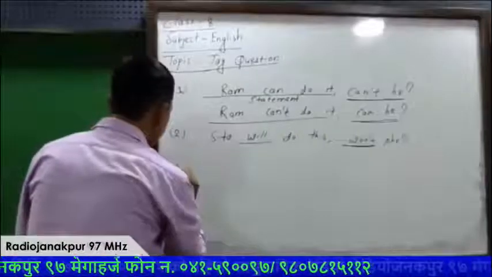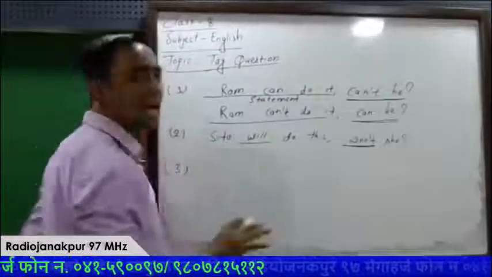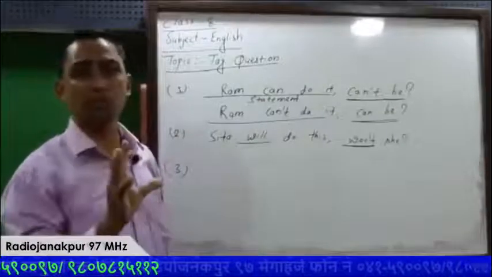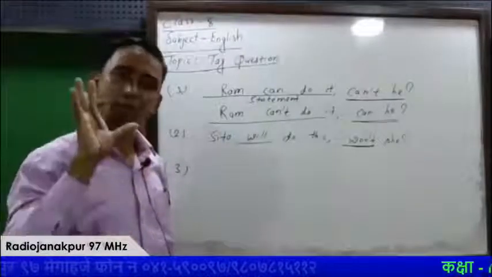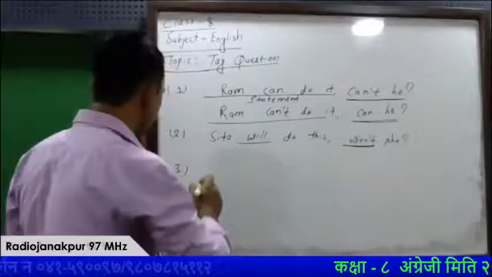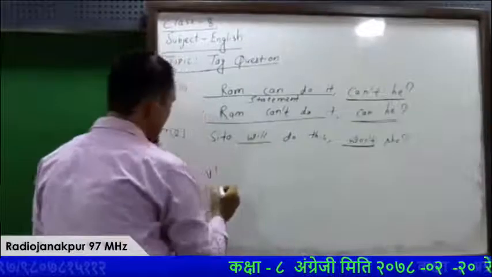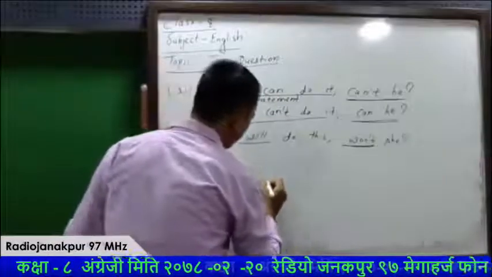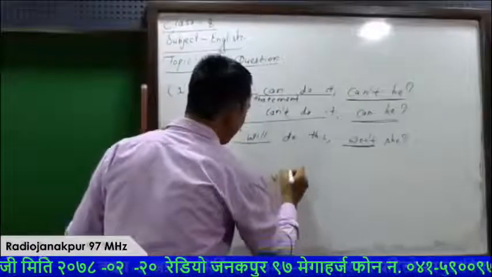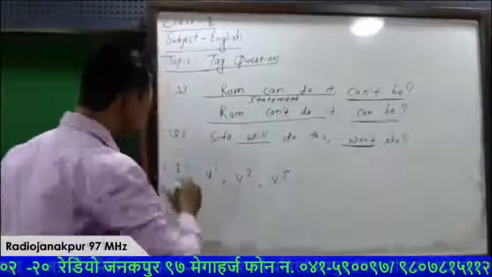Now, rule number 3. If there are no auxiliary verbs in the sentences, then there must be either V1, verb 1, or verb 2, or verb 5 in the sentence.